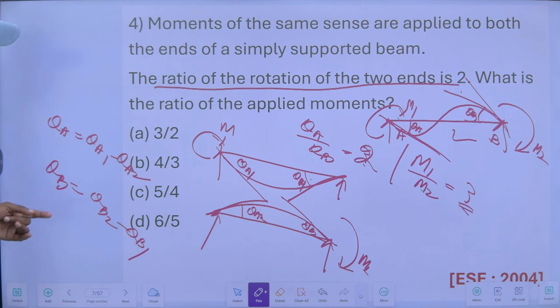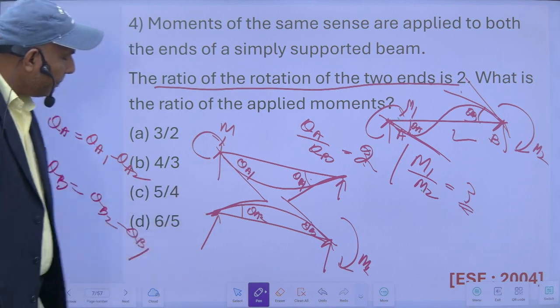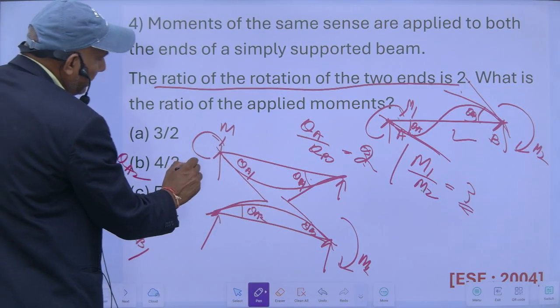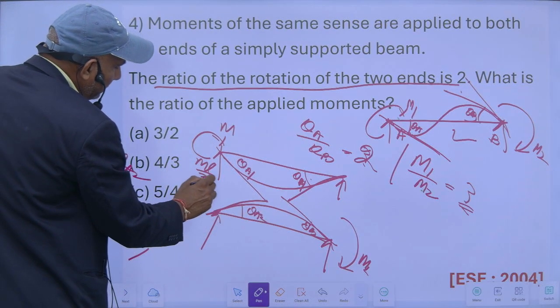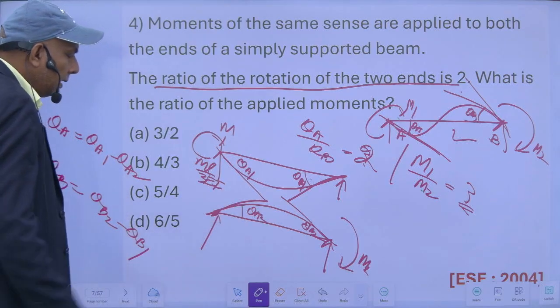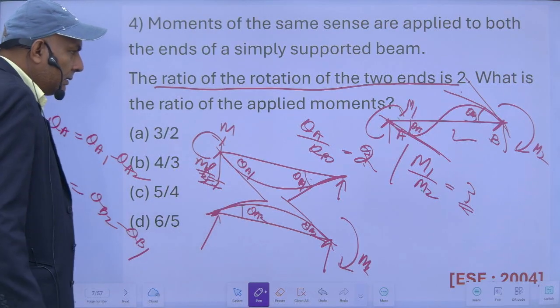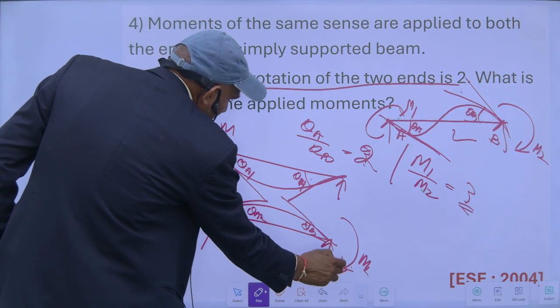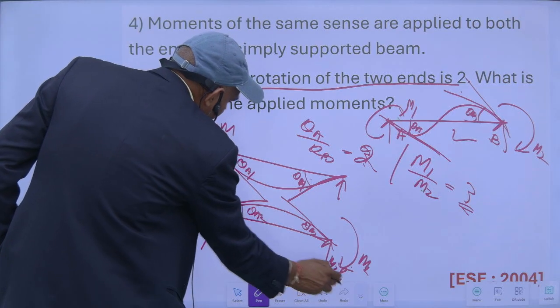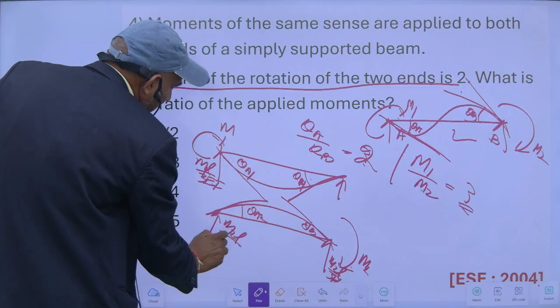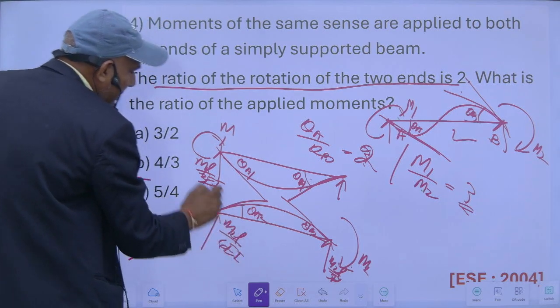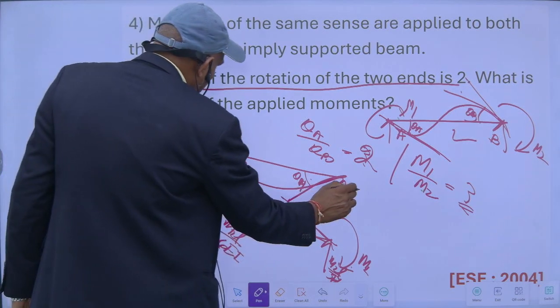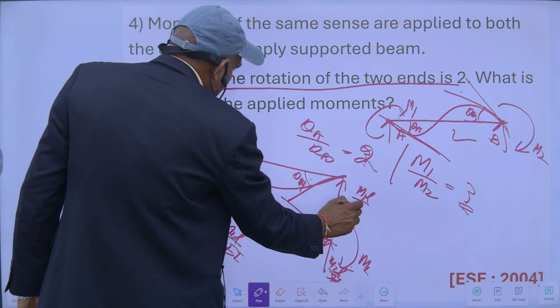Now, as I know, this theta A1 because of M will be ML upon 3EI. The formula is this one: M1 L upon 3EI, and because of this it will be M2 L upon 3EI, and half of this will become M2 L upon 6EI here. Similarly, M1 L upon 6EI.